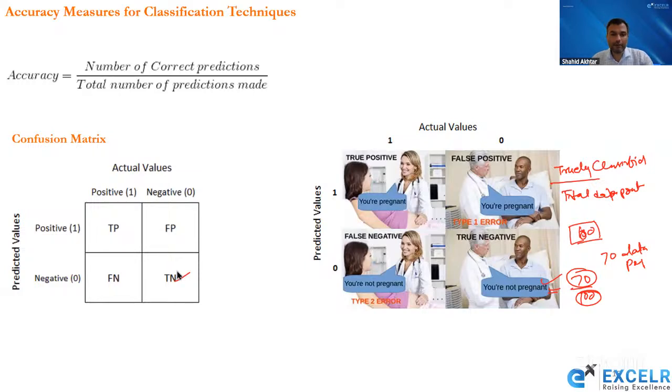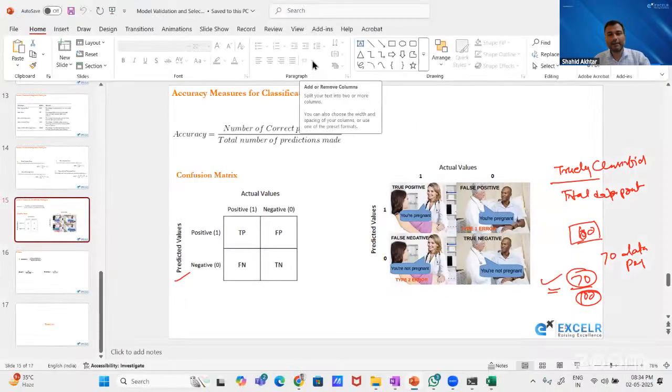So that will be a true negative. A false positive is when it is predicted as pregnant, but actually it is not pregnant. A false negative is when this lady is pregnant but predicted as not pregnant. So this will tell you how many data points are correctly classified as they are, which is a true positive.